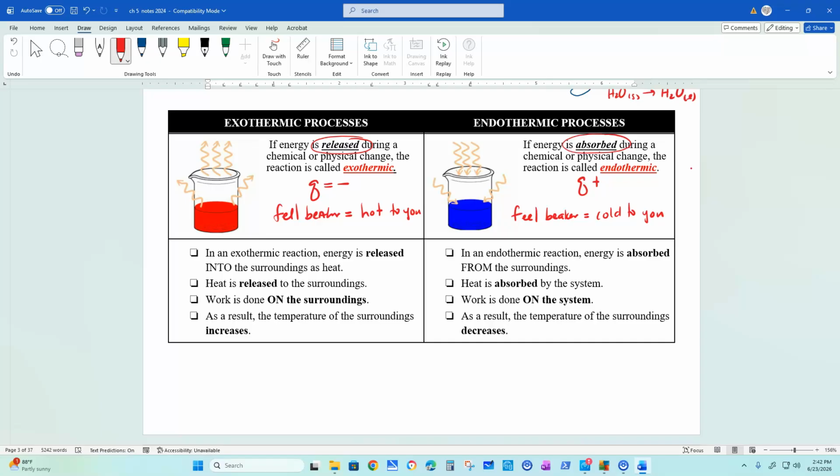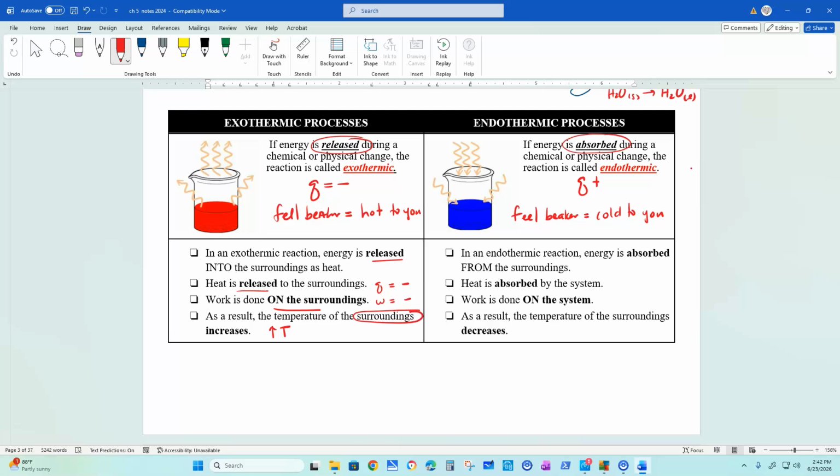So in an exothermic reaction, energy is released into the surroundings. Heat is released, that's why we know it's negative, and work is done on the surroundings. So our W, because it's being done on the surroundings, our W is going to be negative. As a result, the temperature of the surroundings actually increases. Now notice it says of the surroundings, okay, not the system.